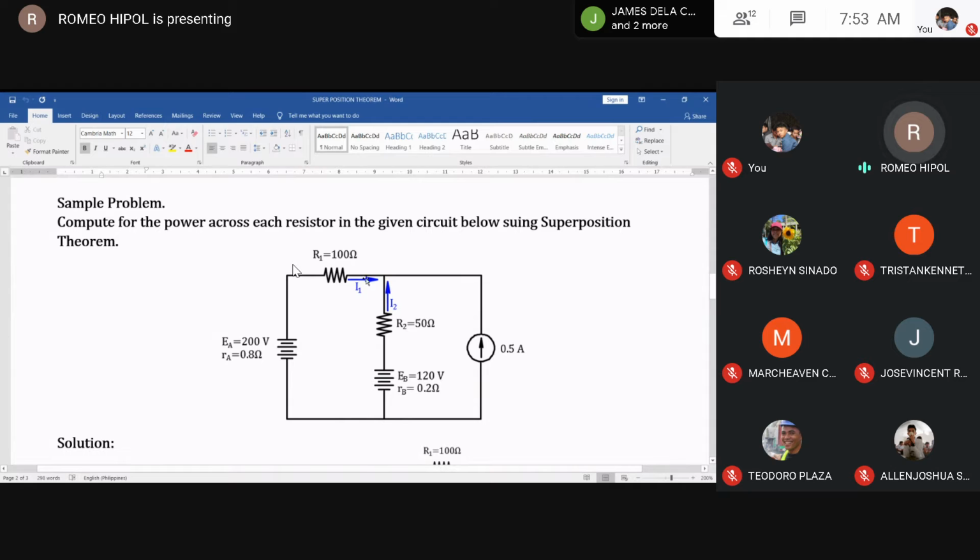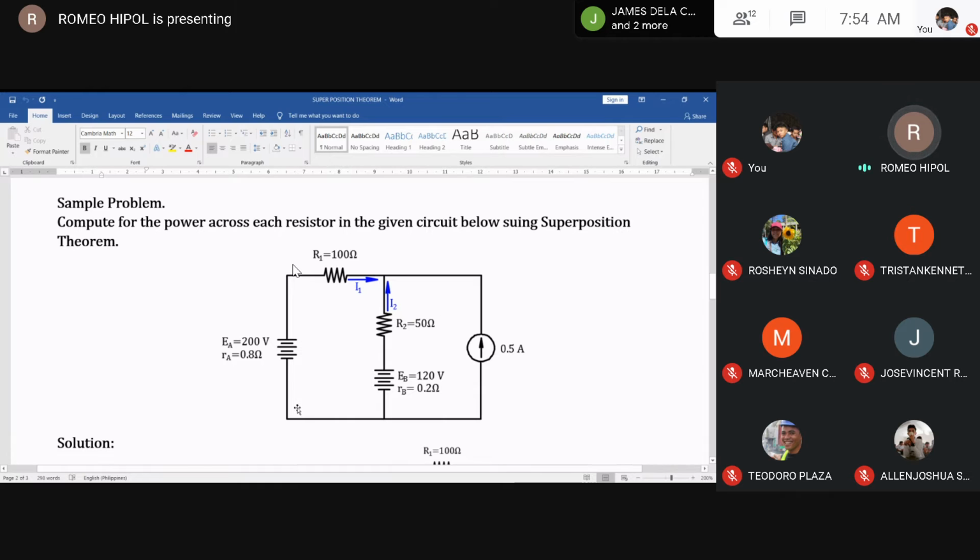Understood? So, one of these two should reverse. The current source can no longer reverse its direction. Usually, we get a different direction because we only assumed the current direction here. So, either branch I1 or branch I2 will have the opposite direction. In this case, it is I2, so the effect is lower. With respect to the 0.5 ampere current source, the circulation of its current is counterclockwise.